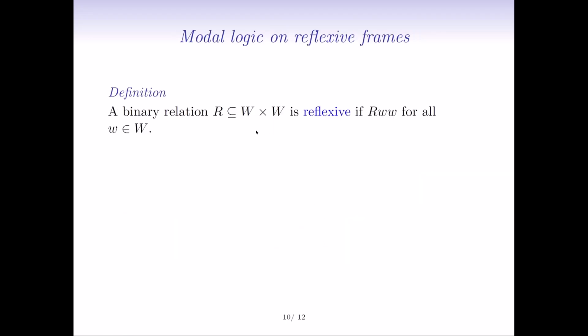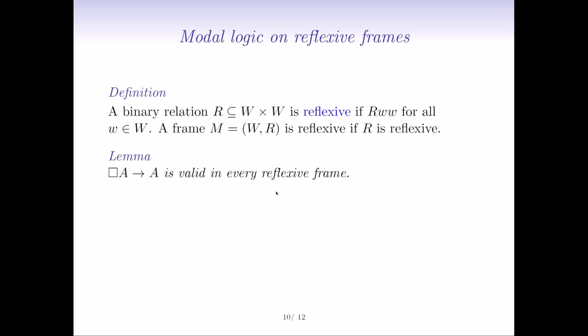We say that the accessibility relation, or any binary relation actually, is reflexive if for all worlds w, w is accessible from itself. So R always contains an edge from every world in the frame to itself. And a frame is said to be reflexive if the accessibility relation R inside the frame is reflexive.